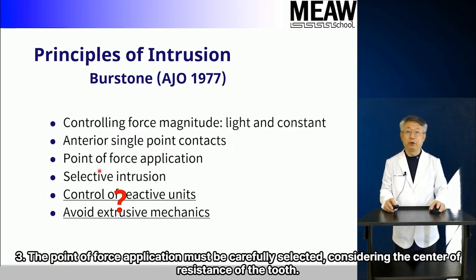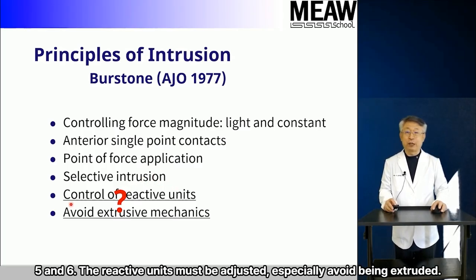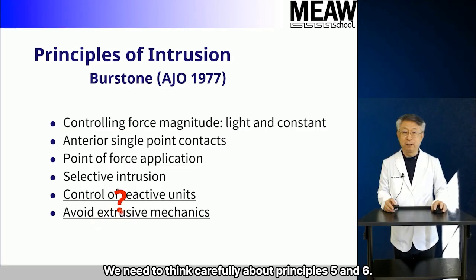The point of force application must be carefully selected, considering the center of resistance of the tooth. 4. Intrusion can be selected depending on the incisal dentition. 5 and 6. The reactive units must be adjusted, especially to avoid being extruded. We need to think carefully about principles 5 and 6.